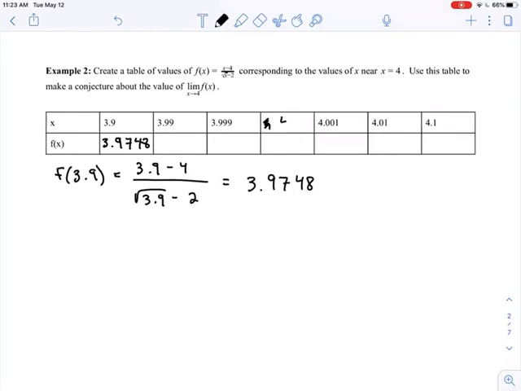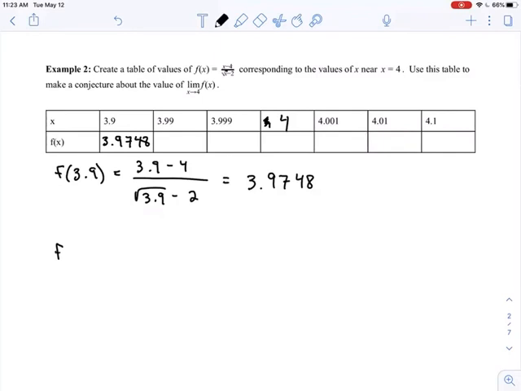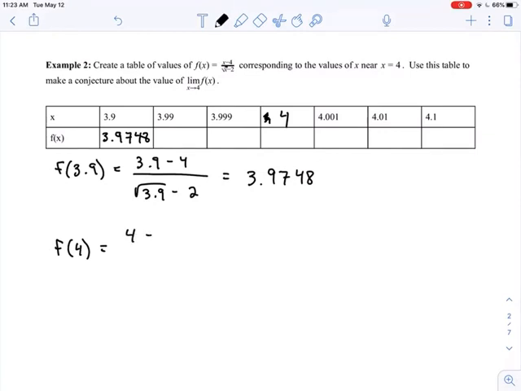Now, I don't know why I have this question mark here, I really should have a 4. For those of you that might say, hey, why don't I just take 4 and plug that in? You can absolutely do that, but let's see what happens here. If I take 4 and plug this in, I've got 4 minus 4 in my numerator divided by square root of 4 minus 2. So in my numerator, 4 minus 4 is 0.